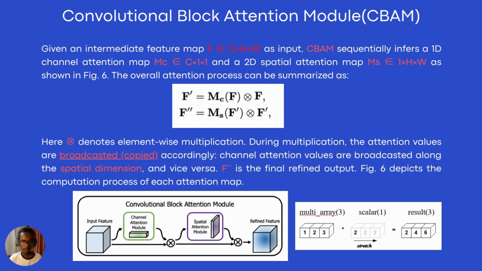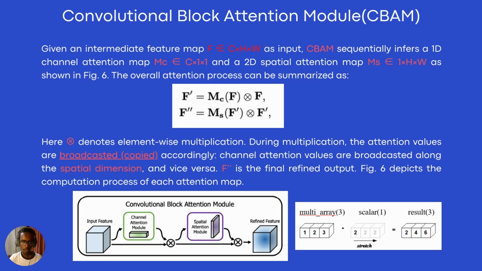The MC just represents the 1 by 1 by C representation that we get from the first channel attention module. Then we perform a spatial attention module, which is represented by MS, and it has a dimension of H by W by 1.